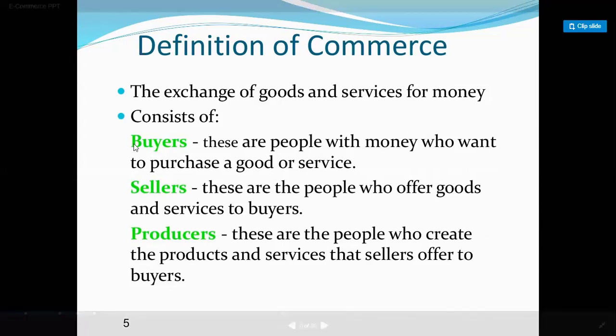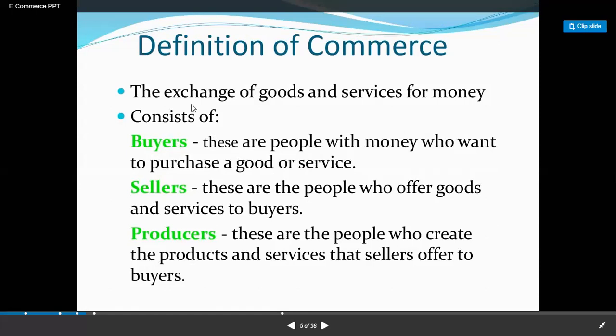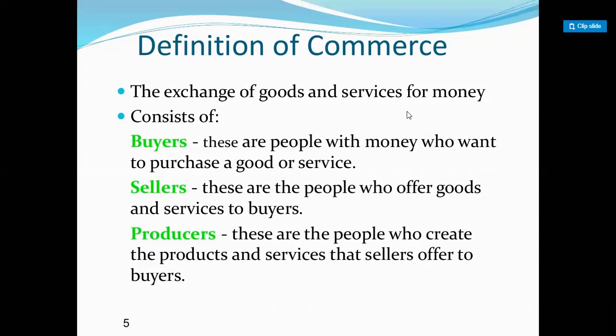So these are the three parties for the exchange of goods and services for money. This is the definition of simple commerce. And when the exchange of goods and services is done electronically, through any device or computer, using the internet, we call it e-commerce.